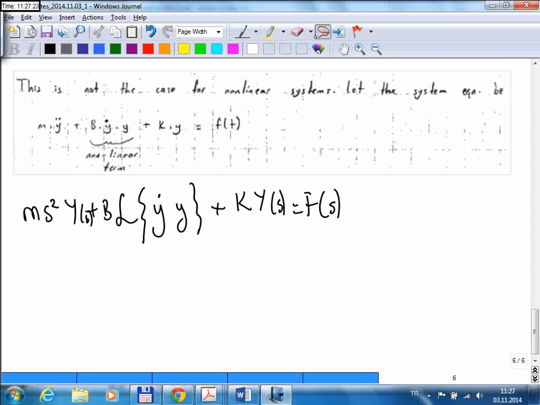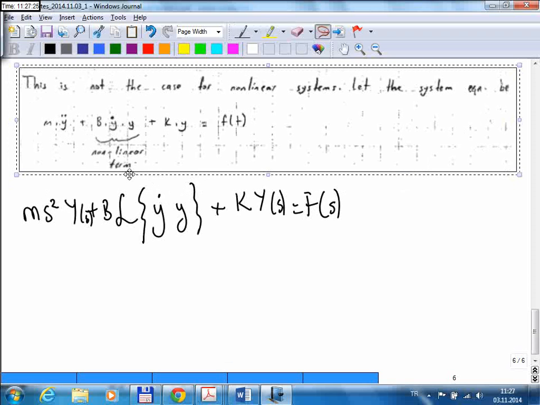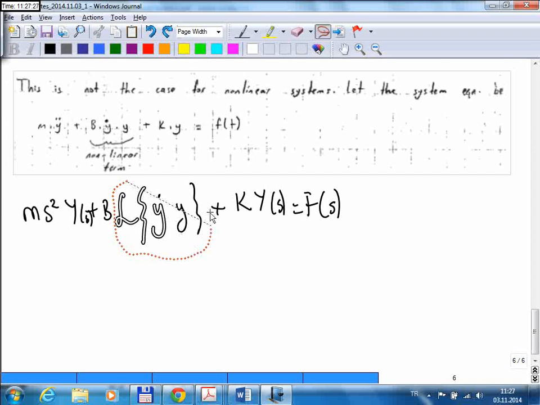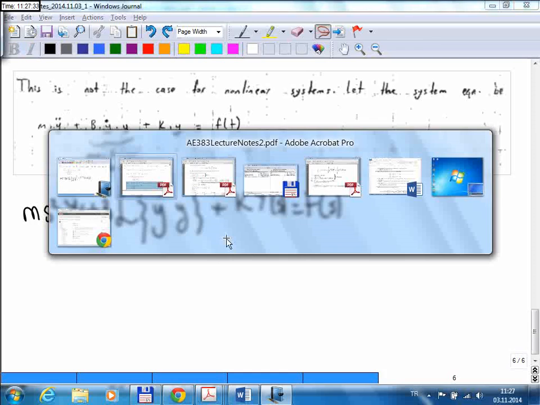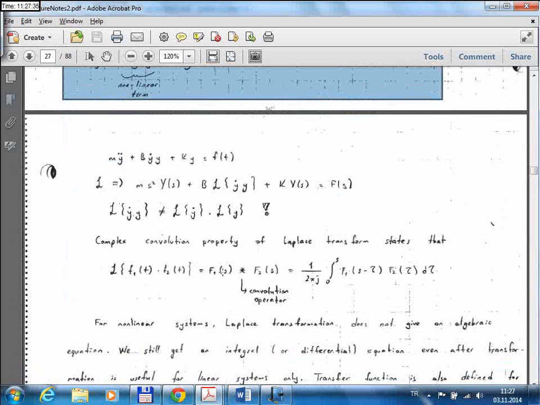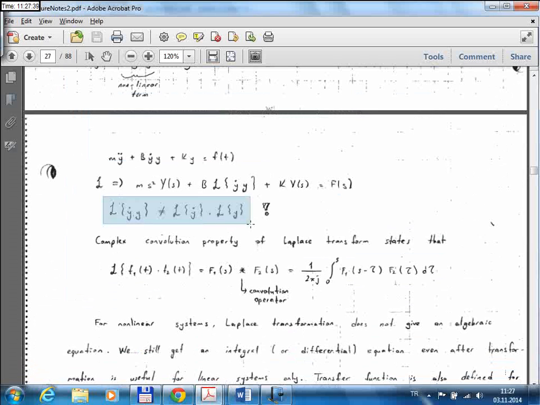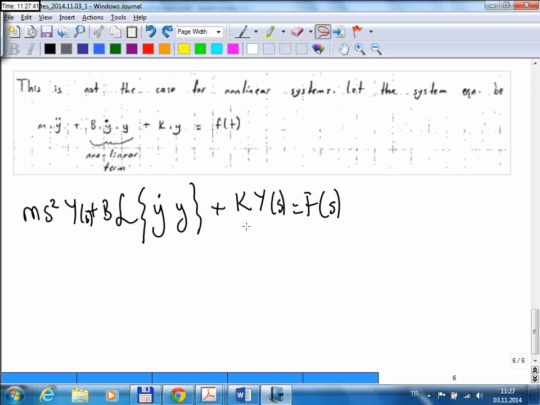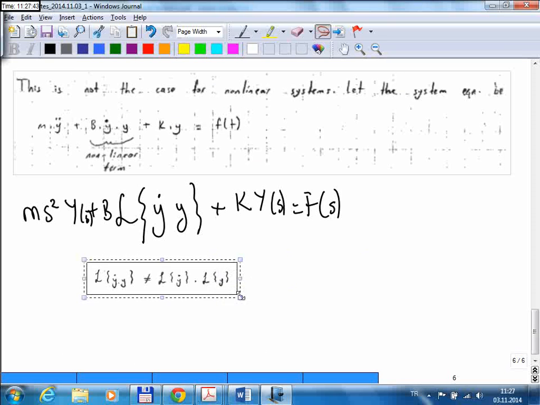Now I need to take the Laplace transform of this: two things that are both functions of time multiplied together. You should be very careful here that you cannot write it as this. This is not correct.